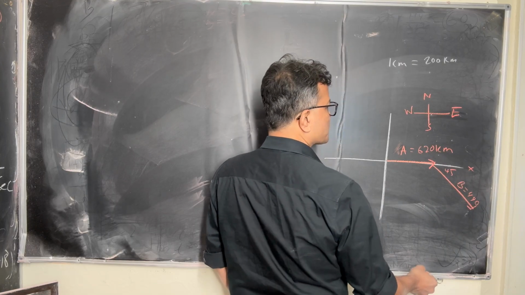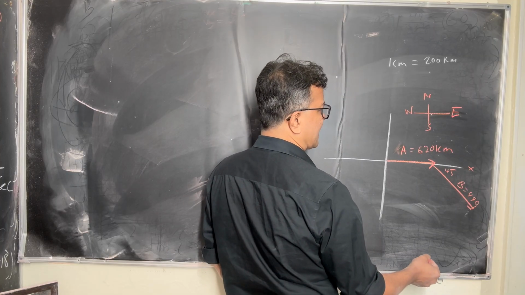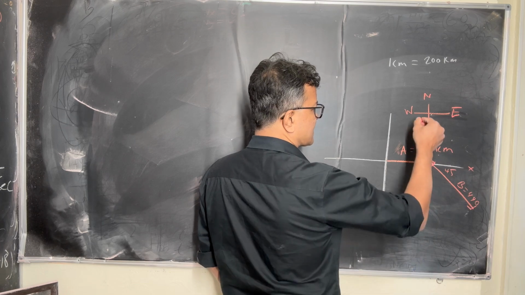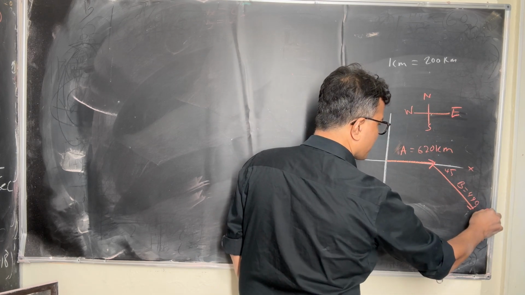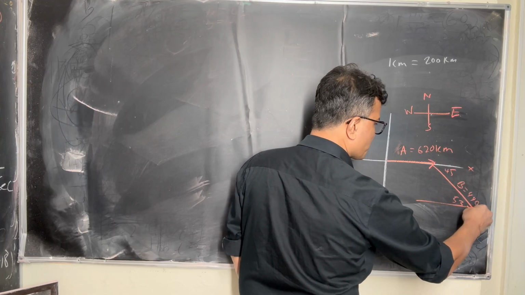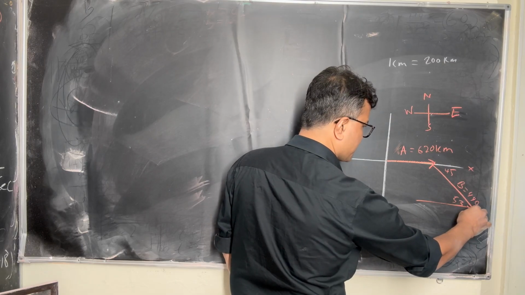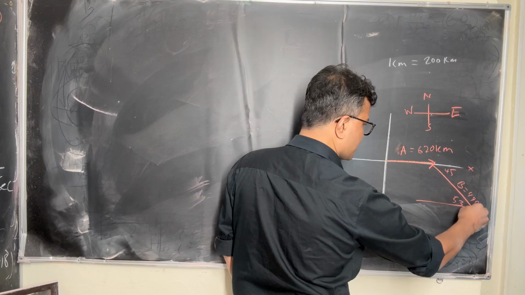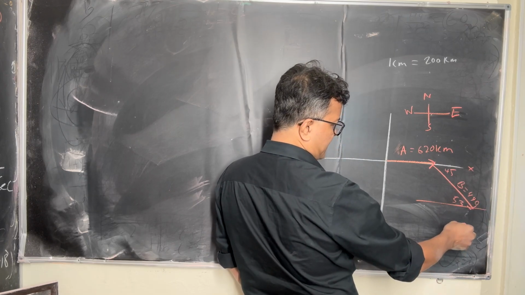And then I ask you to go 53 degree southwest. So you have an x-axis, 53 degree, and go southwest. So 53 degrees southwest, right? So how are you going to do that?